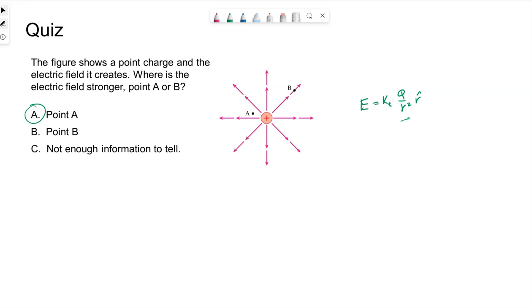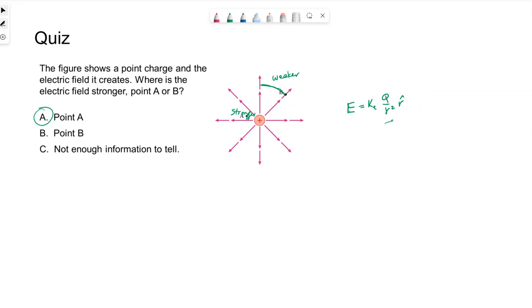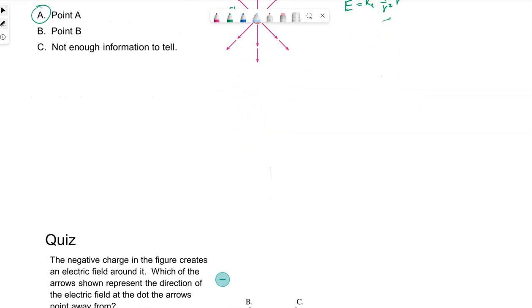We can also tell just by the picture and consider the distance between the lines. The farther the distance between the lines, the weaker the field is, the closer, the stronger. So both ways work in explaining the correct answer as being A. Our next question.